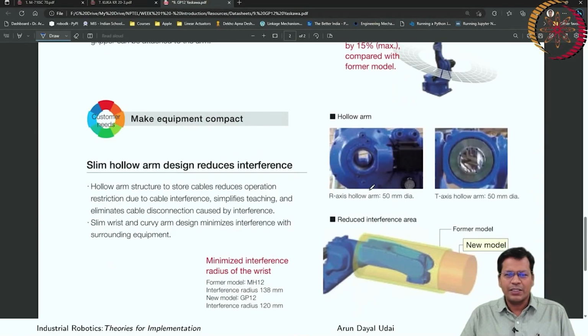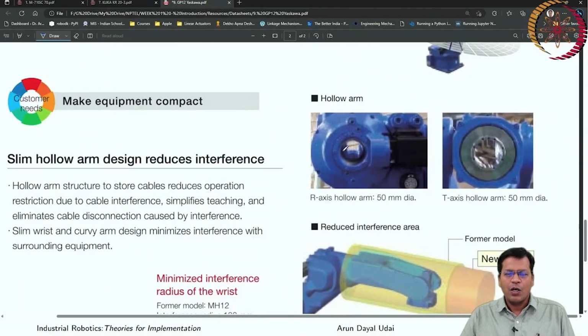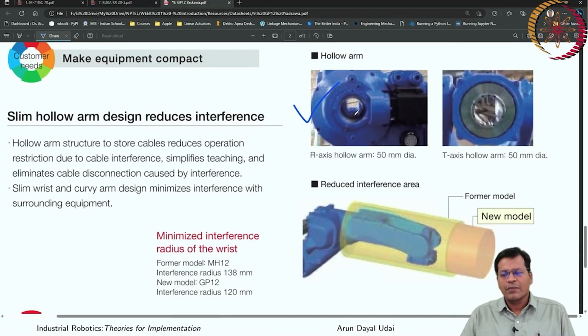Once you see, it is specifying it is a hollow arm. It is a proprietary specification which is also given over here. It may be required for an arc welding robot because you have to pass many cables through, and if it is hollow, the cable doesn't interfere. It simplifies teaching, that is, teaching the robot, not teaching my students.